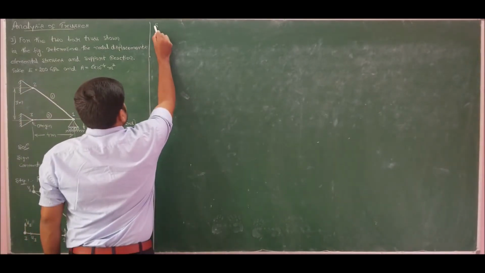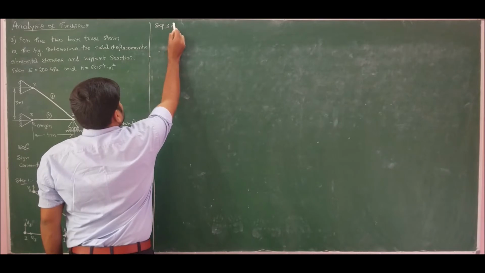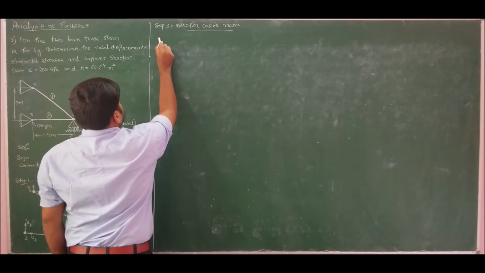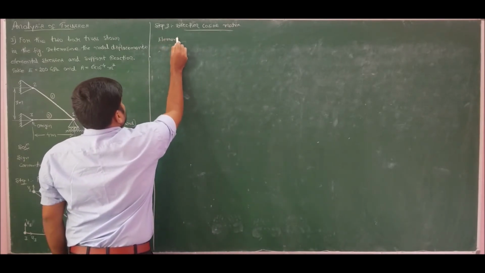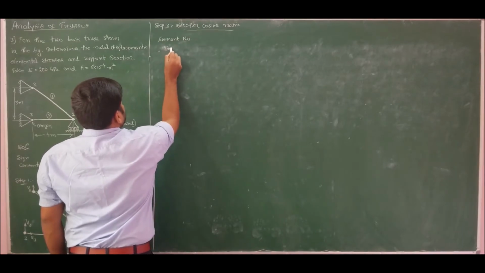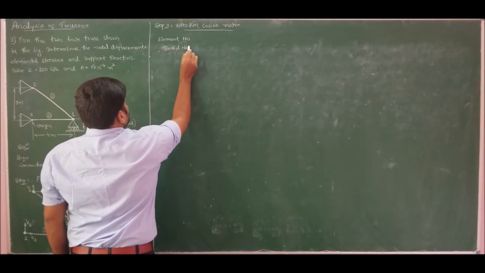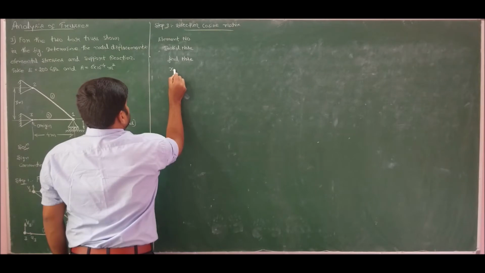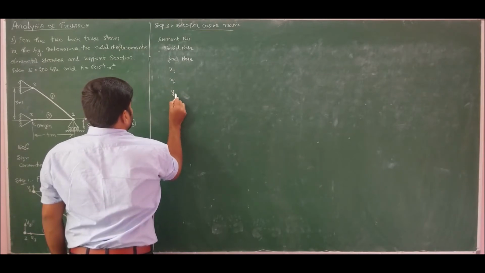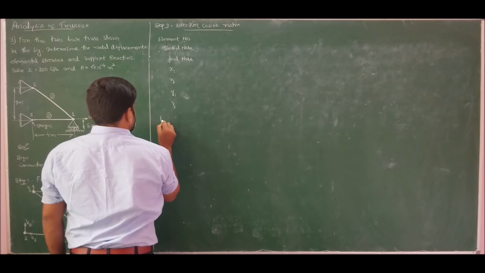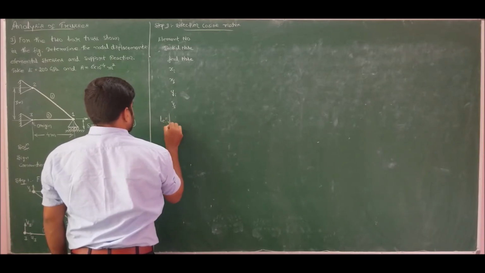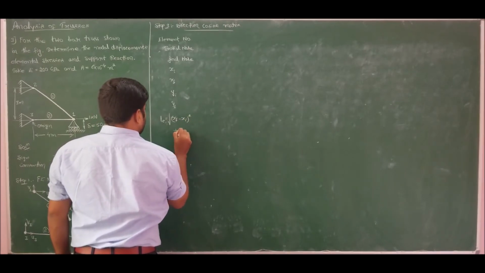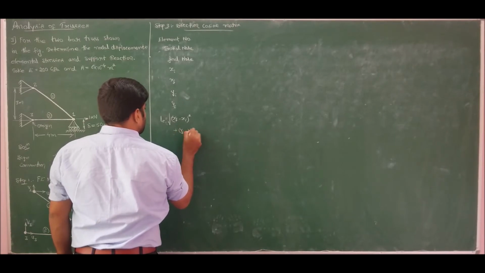Next, moving to step 3, that is the direction cosine matrix. Coming to the direction cosine matrix, first I should take the element number, its initial node, its final node, x initial, x final, y initial, y final, and the length of the element, which is given by the square root of (x final minus x initial) whole square plus (y final minus y initial) whole square.